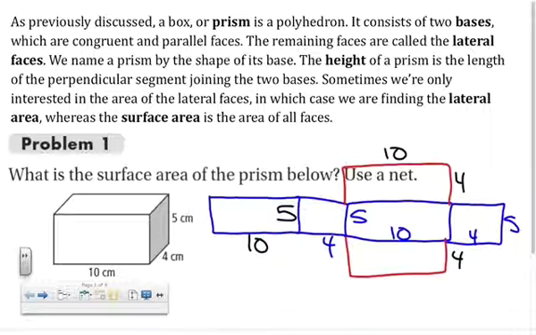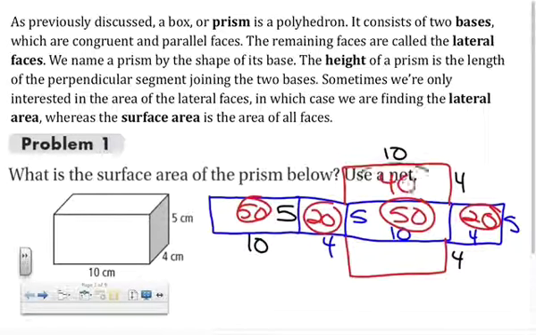As I mentioned before, the way that we're doing this problem is kind of long and drawn out, in the sense that we're opening everything up, finding the area of all of the pieces, and then adding it together. All of the pieces add up nice and neat because they're all rectangles, and the area of a rectangle is always just base times height. So this is 50 and 20, another 50 here, another 20 here.